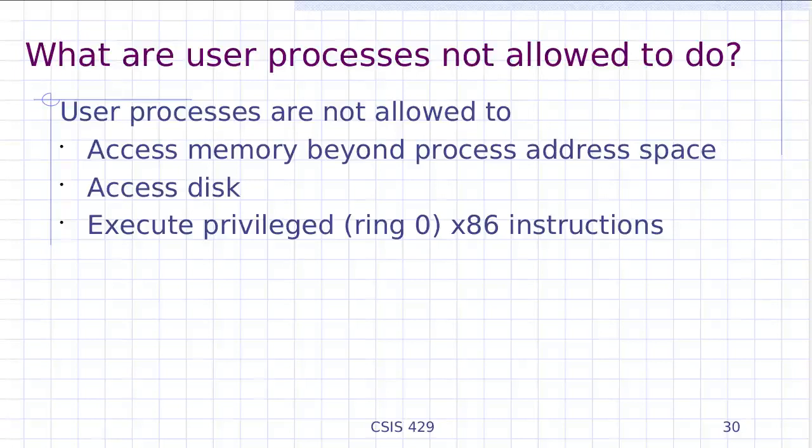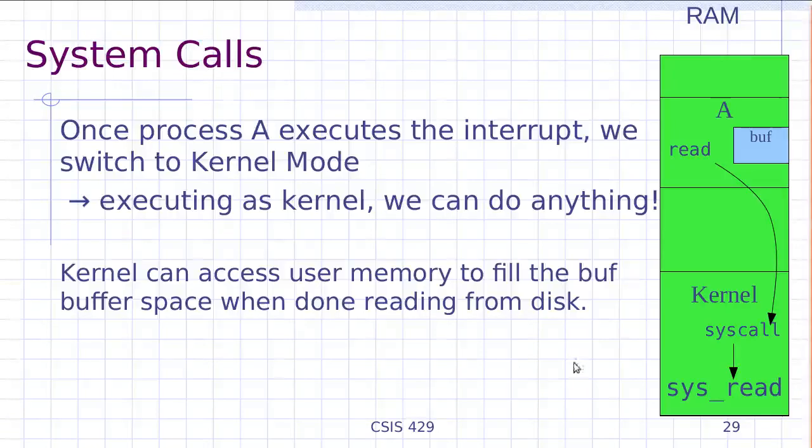Okay, so what are user processes not allowed to do? User processes are not allowed to access memory beyond your own process address space. It cannot really access disk even though you're reading stuff from disk. What you have to do is go through the operating system to read even a single byte from disk. You might say, what's the harm in reading a single byte? Well, a lot of things can go wrong. So when you try to read a single byte from a file, you actually have to do this big long procedure where you say, okay, make the system call, kernel, take over.